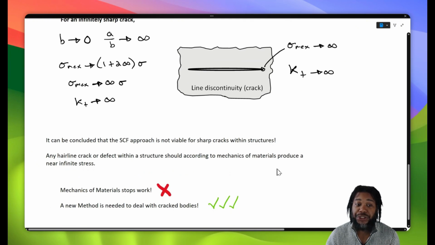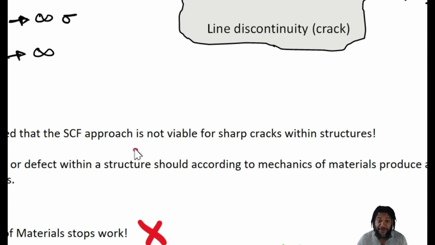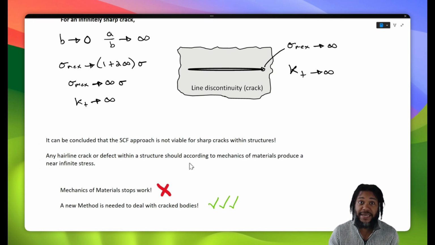So this conclusion tells us that the stress concentration factor approach is not viable for sharp cracks, that it stops working, that it breaks down. Any hairline crack in a structure, any defect or scuff with a very sharp crack in it, should lead to instant failure. We're at infinite stress.